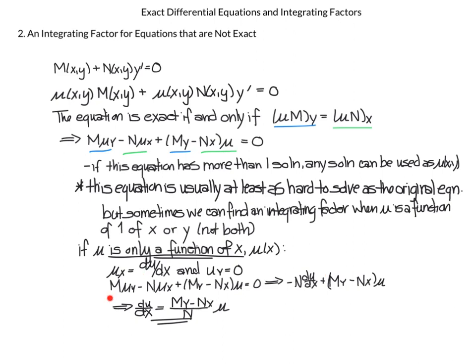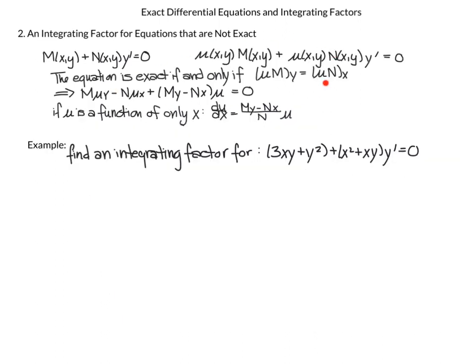This is 0 here, and what else is 0? I think that's it. So we have N dμ/dx plus (M_y − N_x) times μ equal to 0. So that means our dμ/dx is equal to (M_y − N_x)/N times μ.